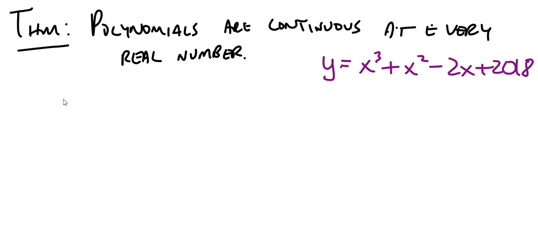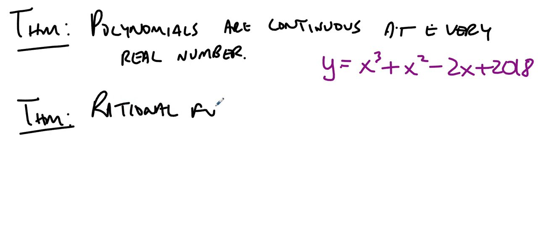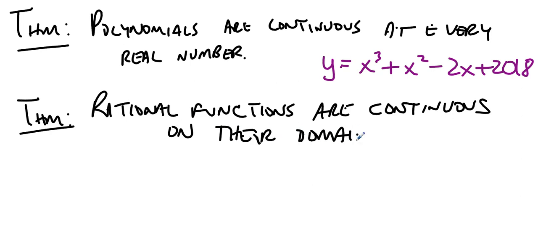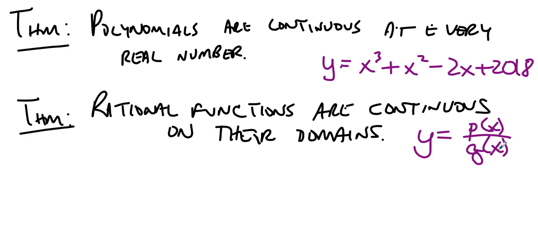In fact, it's not just true for polynomials. Rational functions are continuous on their domains. Well, why is that true? Well, that's true because what's a rational function? A rational function is some polynomial over some other polynomial.